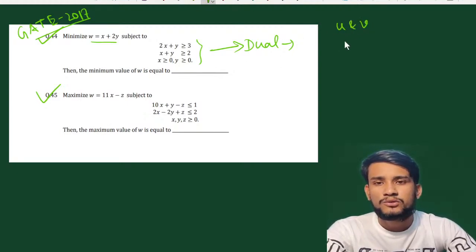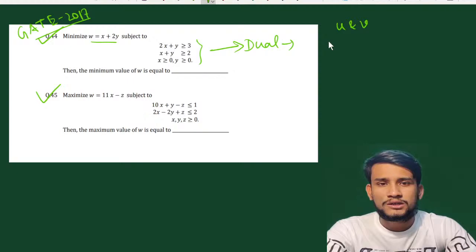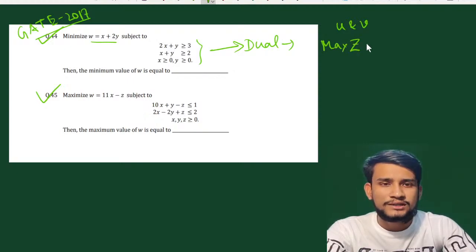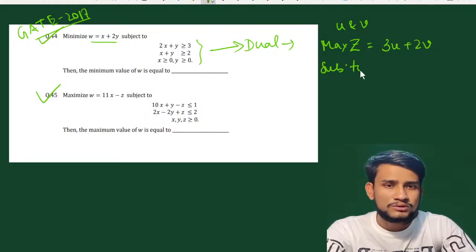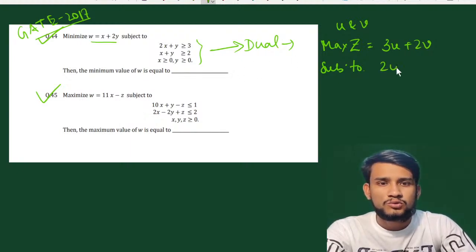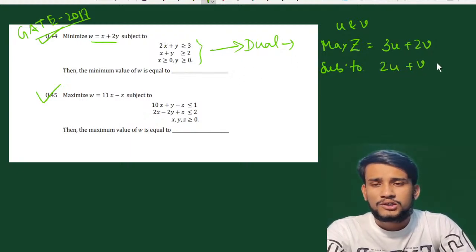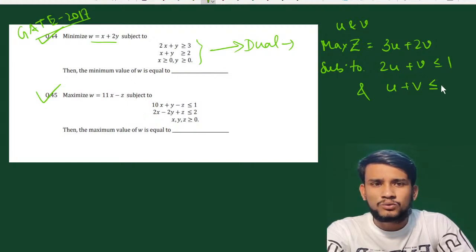Therefore maximize z equal to 3u plus 2v, subject to 2u plus v less equal to 1, and the other one is u plus 2v less equal to 2, I think.